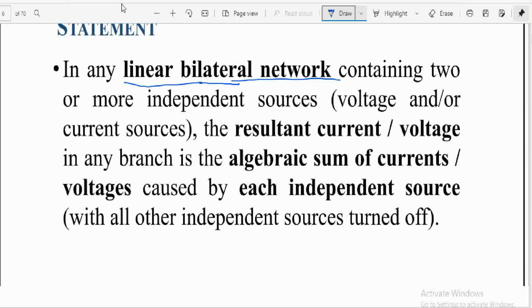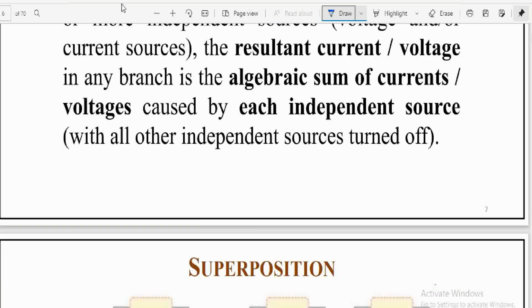It is nothing but they are replaced with their internal resistance.